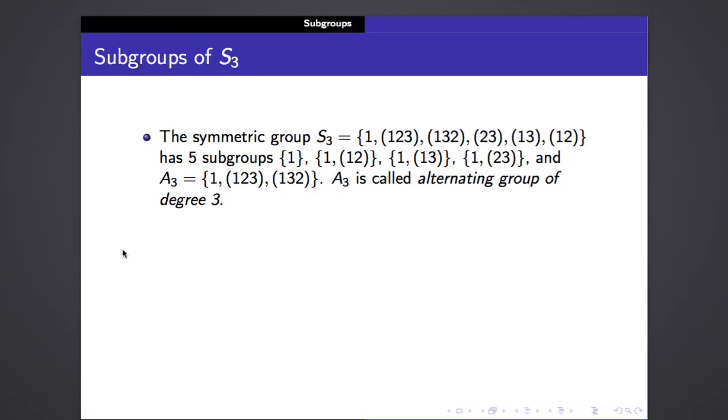Okay, let's move to the next example. So, here's the symmetric group S3. Again, the symmetric group is the set of all permutations. In that case, S3 is the set of all permutations of the set {1, 2, 3}.